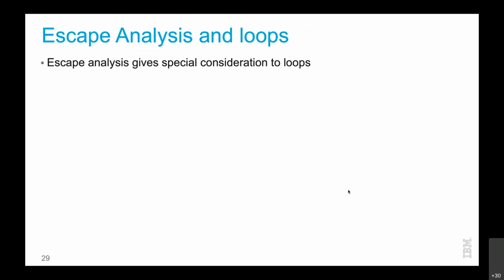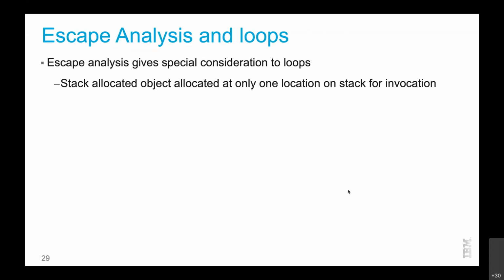So one thing I didn't really highlight here is the consideration that escape analysis has to give to loops. The way stack allocation happens in EA, it will reserve one location on the stack within a method invocation for each candidate object that it ends up stack allocating.